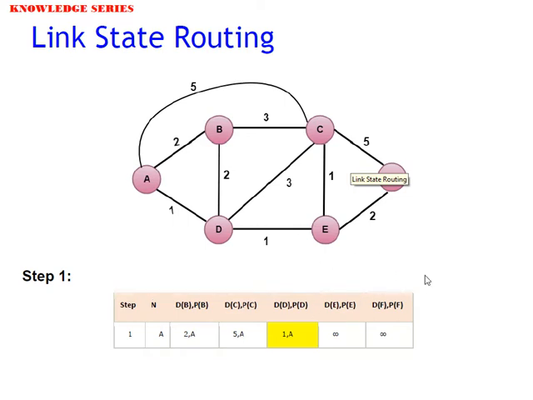Every time we find Dv, that is the minimum of the previous minimum nodes plus the current node position.